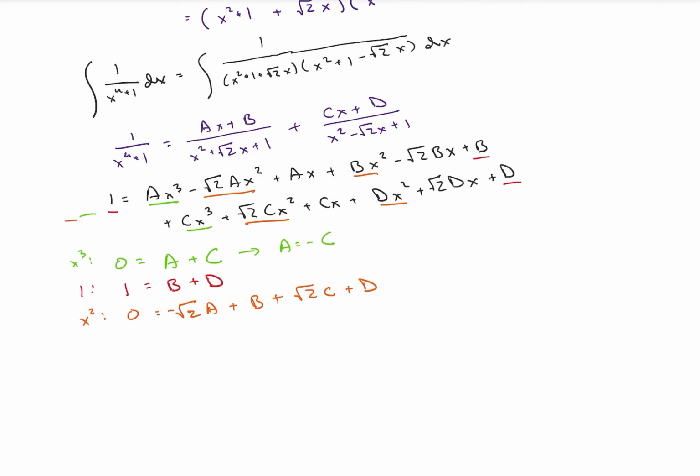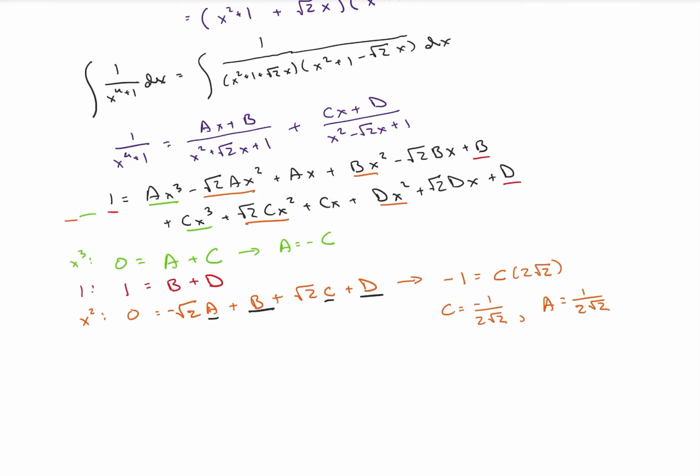So what I notice is that I have b plus d, which is equal to 1. And I also have this a term and this c term, and I know a is equal to negative c. So I can rewrite this whole equation as negative 1 is equal to c times 2 root 2, so that c is equal to negative 1 over 2 root 2. And because of that, I know that a is equal to positive 1 over 2 root 2.